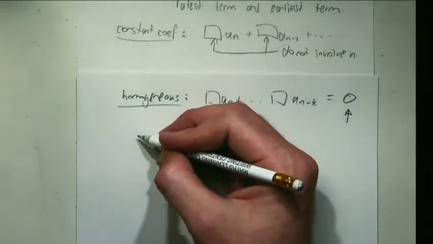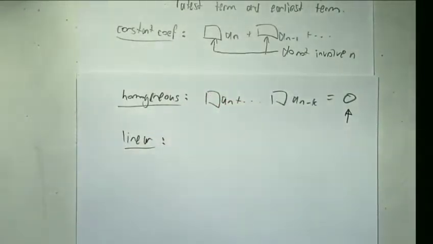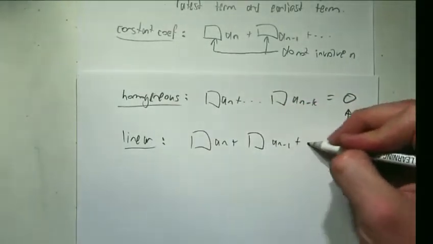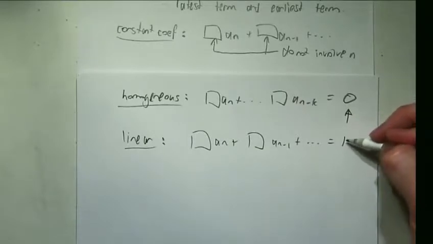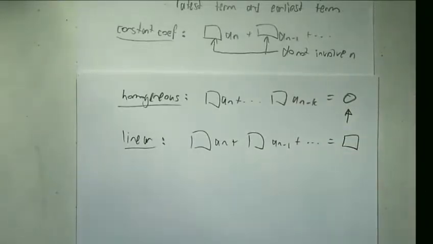And then the last one is linear, which is to say that precisely that previous equation with the boxes, that you can arrange it to look like that. So none of the a_n are multiplied by each other, none of them to a higher power.